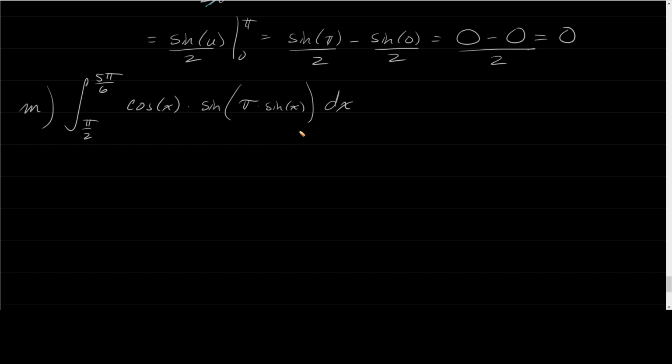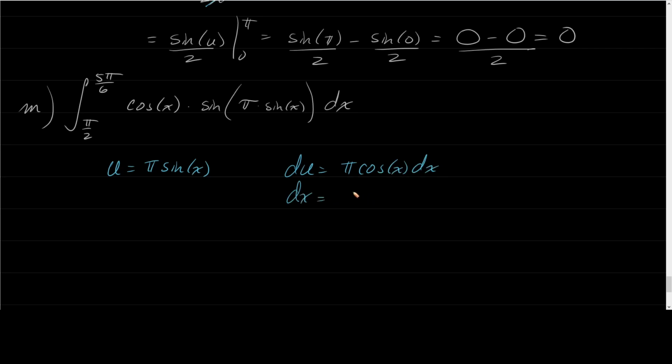Let's make our substitution. I'm going to make the inside of that outer sine our u. So if I make u be equal to pi sine x, then du would be equal to pi cosine x dx.